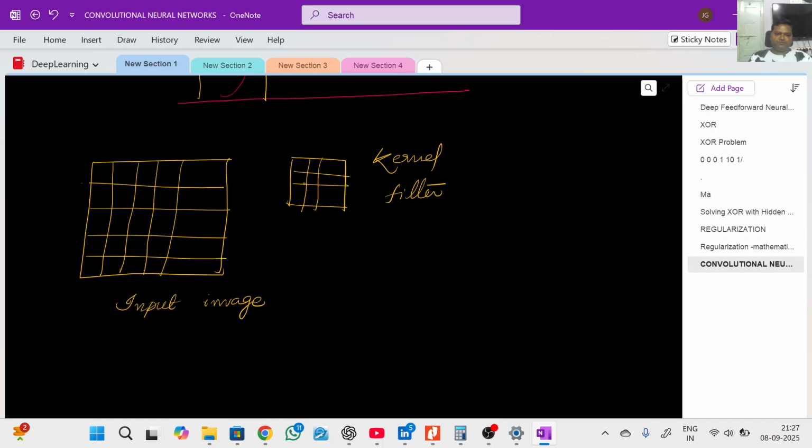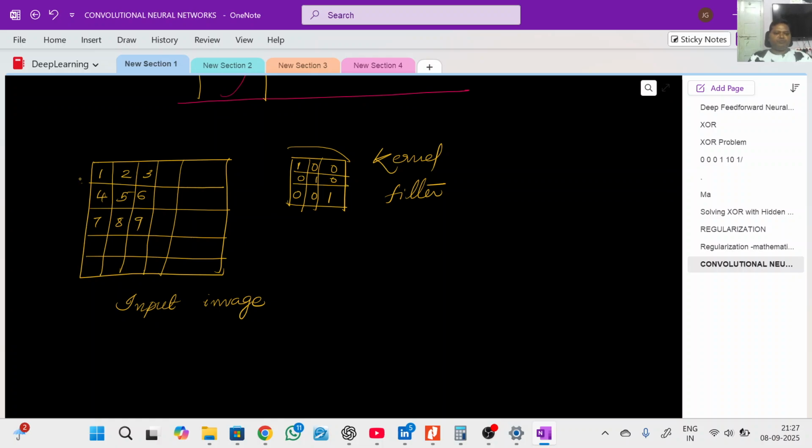Now I will place this kernel. For example, this kernel will have, let us say, 1, 0, 0, 0, 1, 0, 0, 0, 1. So I'll place my kernel here, over the values 1, 2, 3, 4, 5, 6, 7, 8, 9.